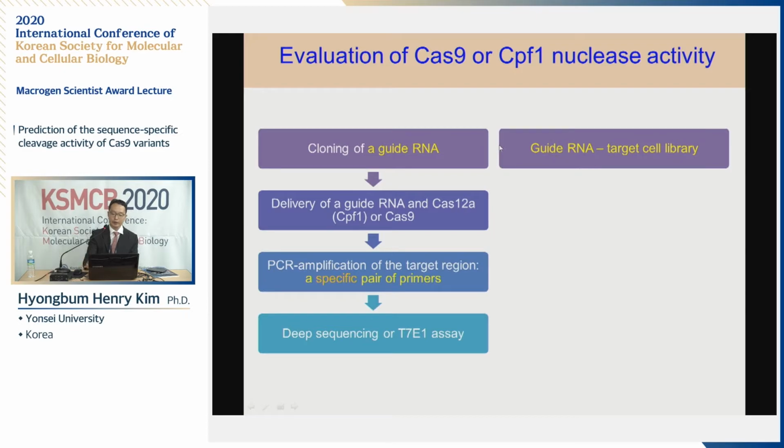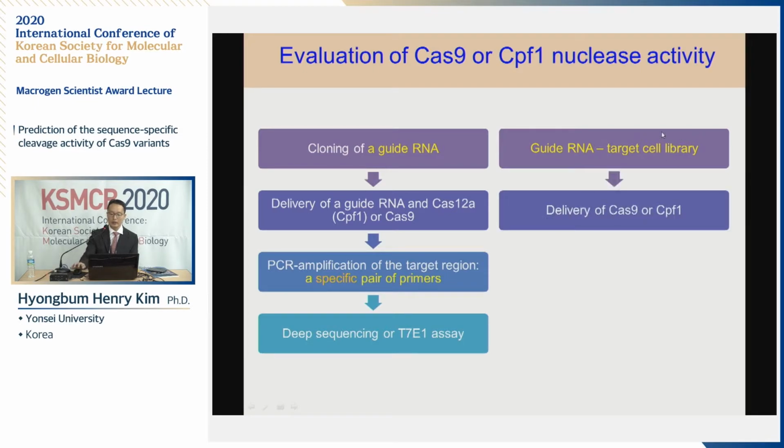and a highly experienced student in my lab can evaluate maybe 40 or 50 guide RNA activities over 2 weeks. But it is highly labor-intensive work, so I wanted to improve this process. Instead of cloning one guide RNA, I made a guide RNA and target paired library, 10,000 guide RNAs.